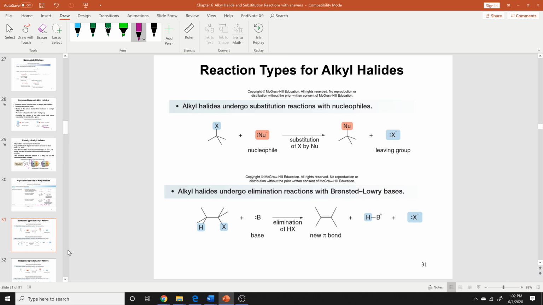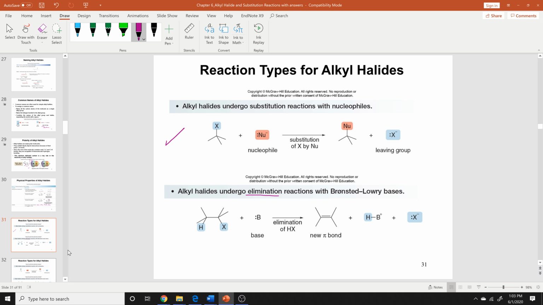Now, with respect to the reaction types of the alkyl halides, there are 2 of them. We're going to consider just substitution in this chapter. Elimination we will talk about in the coming chapter, chapter 8. Normally, substitution and elimination occur concurrently, at the same time, but I'm going to break it down for you.